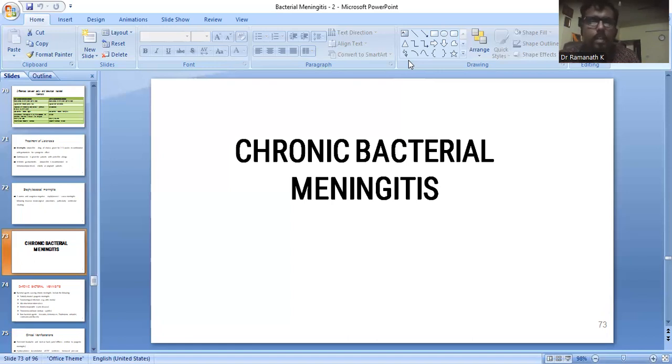As the word indicates, chronicity depends on the time period of the infection. So here, the causative agent, its pathogenesis, and laboratory diagnosis will vary, and it has a difference from acute meningitis.